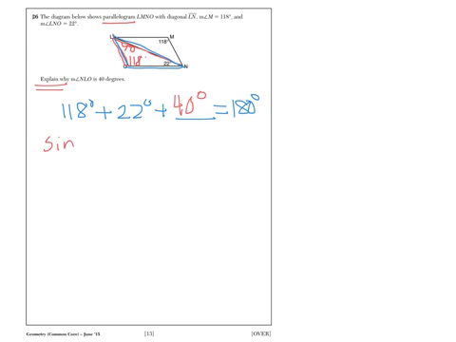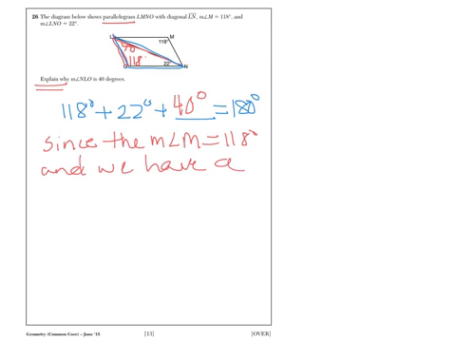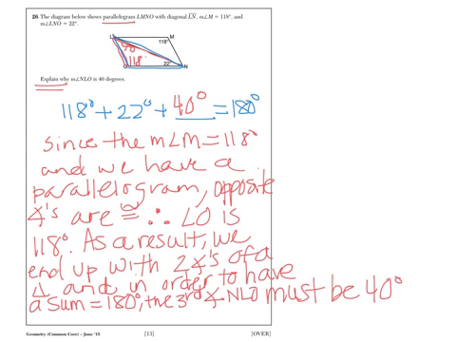So since the measure of angle M is equal to 118 degrees and we have a parallelogram, opposite angles are congruent.